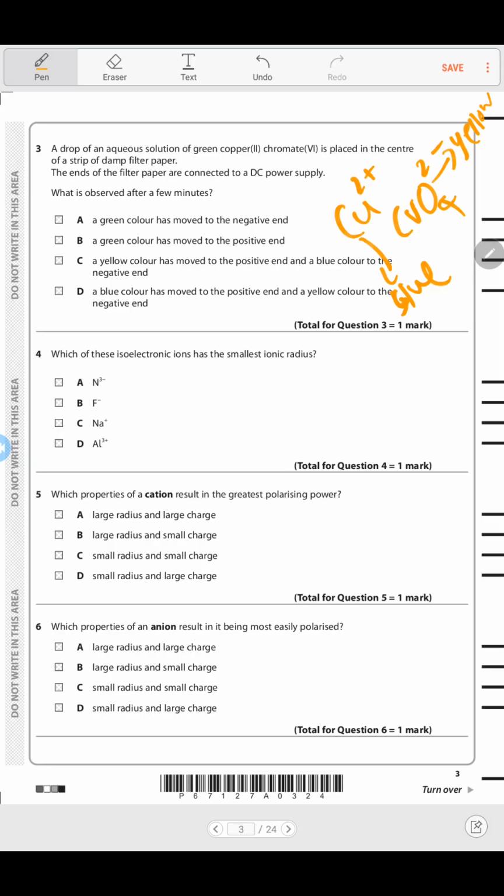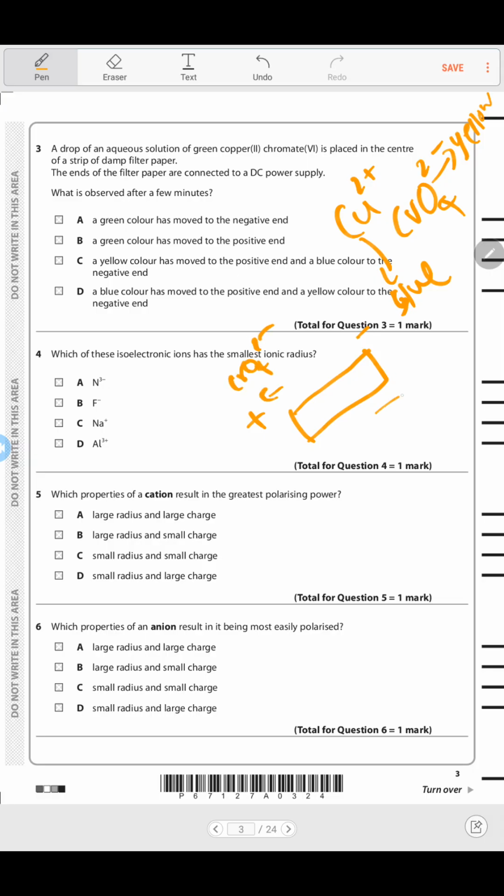When you have this copper 2 chromate on a strip of damp filter paper, the ends of the filter paper are connected to a DC power supply. Let's say we have this on a filter paper, and you connect a power supply, plus and minus, creating an electric field. To the positive side, chromate ions move.